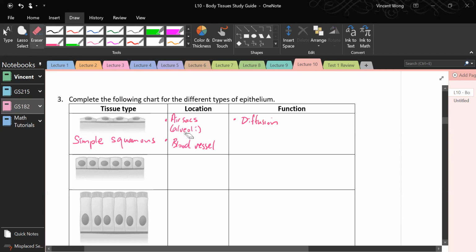In the air sacs, you want to have gas exchange. You want the oxygen from the air to go into the blood, and you want the carbon dioxide to leave the blood vessels and go into your lungs. So you want just a single layer where the gas can easily cross. That's gas exchange.